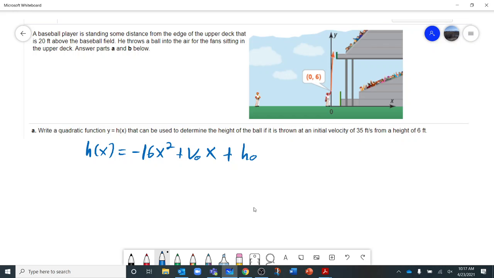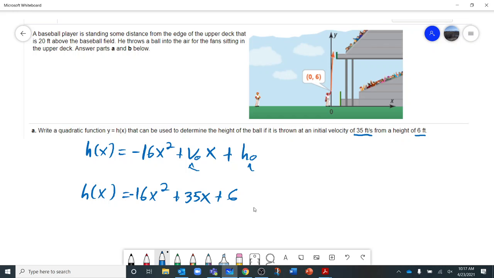Our initial velocity is 35 feet per second, and our initial height is 6 feet. So for this part, all we're doing is plugging in our initial velocity and our height. So h of x equals negative 16x squared plus 35x plus 6. And that is really all there is to part A.